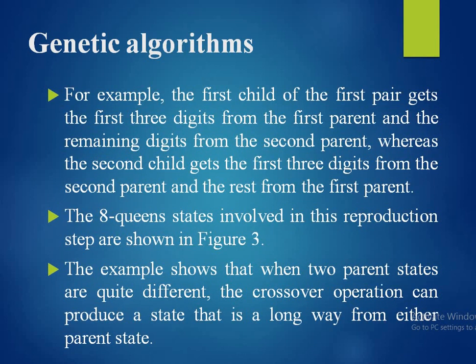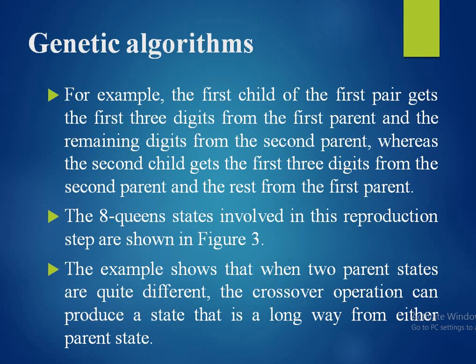For example, the first child of the first pair gets the first 3 digits from the first parent and the remaining digits from the second parent, whereas the second child gets the first 3 digits from the second parent and the rest from the first parent.